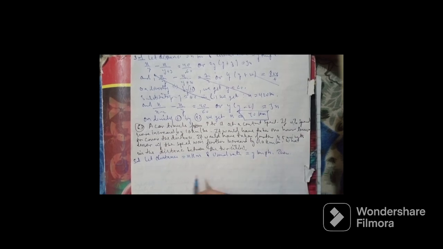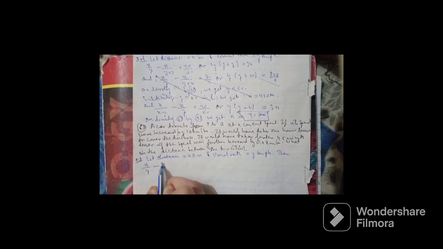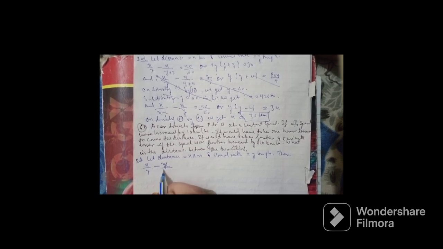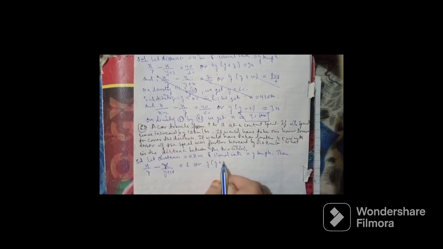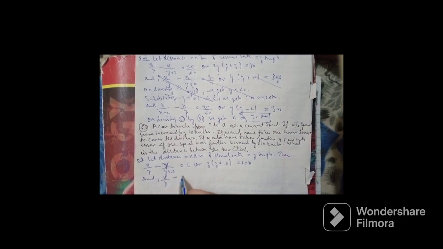Then x upon y minus x upon y plus 10 equals 1, or y plus 10 equals 10x, and x upon y minus x upon y plus 20 equals 7 upon 4.